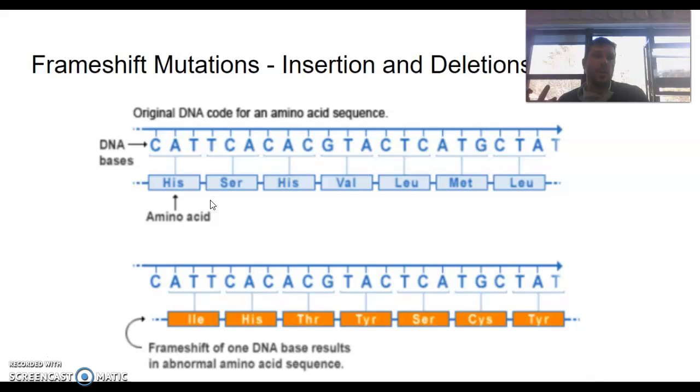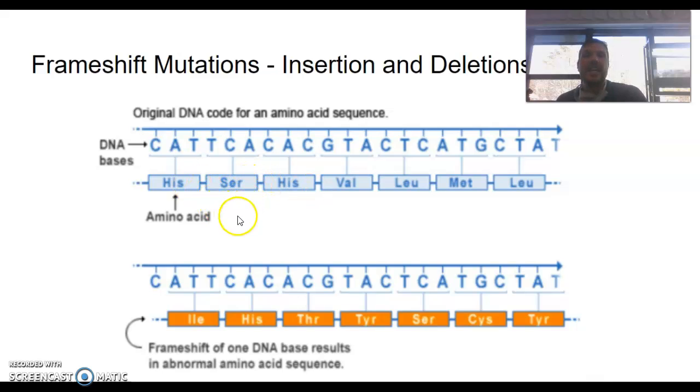Are there times where one amino acid change can cause a huge difference? Absolutely. Cystic fibrosis is an example of that. But for the most part, if I just throw 3 bases in, or 6 bases, or 9 bases, or 12 bases, the overall structure of the protein is probably going to survive.